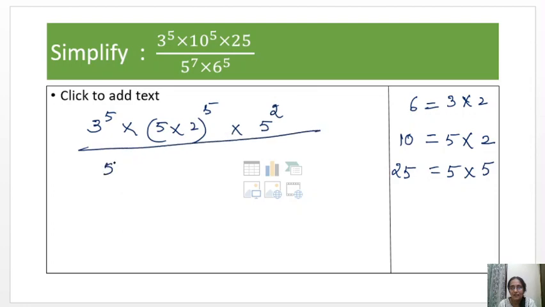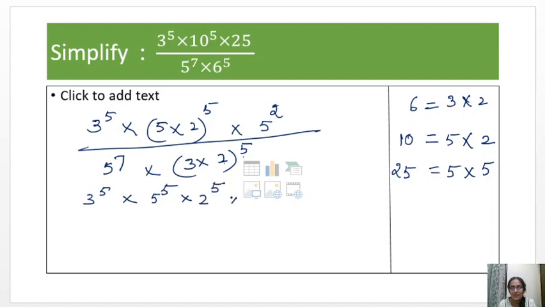5 power 7 into, write 6 as 3 into 2, it is whole to the power 5. Now you have to open the bracket: (a into b) whole power m. Here in both the cases you have to use the rule for different bases with the same power. You can split 3 power 5 into, the power has to be raised for both the bases, 5 power 5 and 2 power 5.